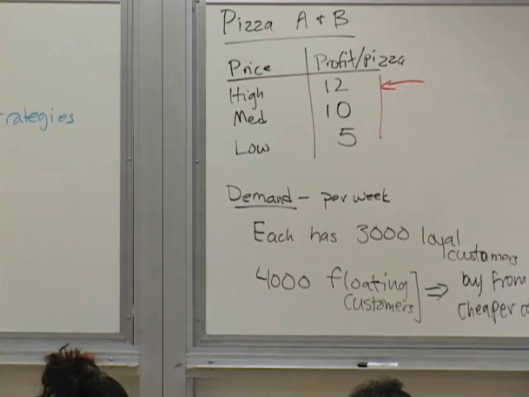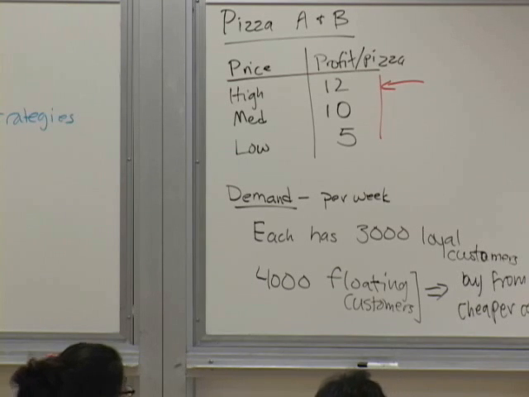In the medium cell, we're both still selling 5,000 pizzas, okay? But now our per pizza profit is 10, so profits of 50 all along here, and 25 here. I'm putting the profits in thousands here, okay?